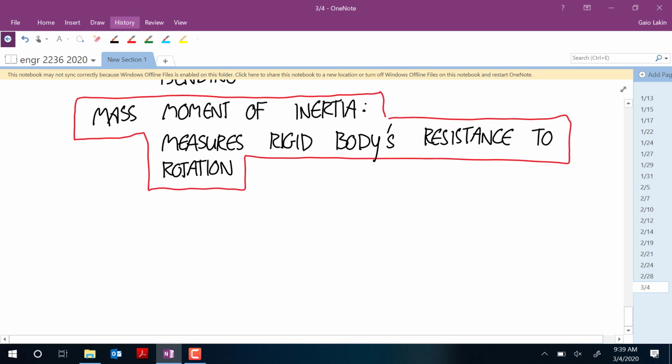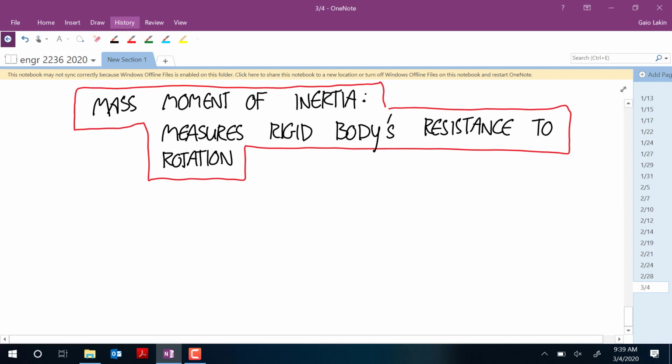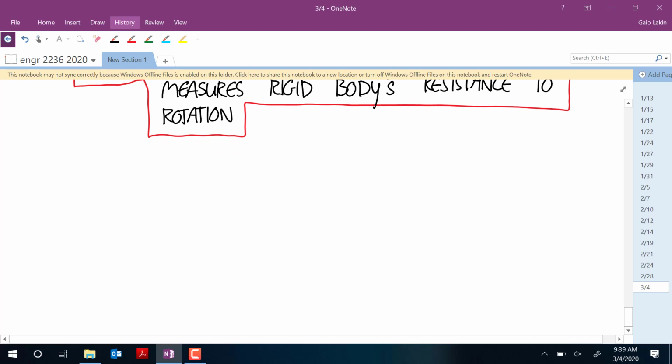So the integral definition of the mass moment of inertia. No, let me not give you that yet. Let me tell you what the idea is.